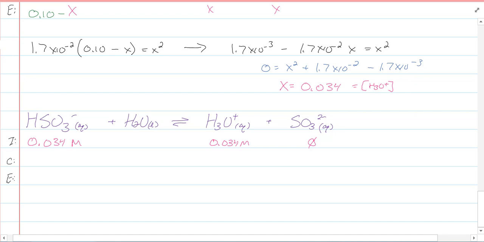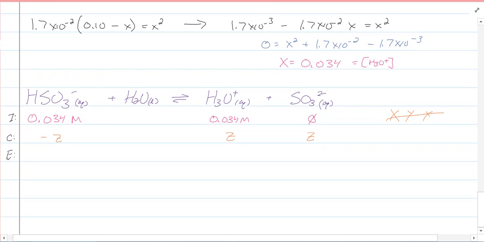Now, appropriately, you should probably use a different letter. I use Z because Z is easy, because sometimes my X's and my Y's can look very similar, and so I don't like to do that. So X and Z. At equilibrium, I get 0.034 minus Z and 0.034 plus Z and Z.